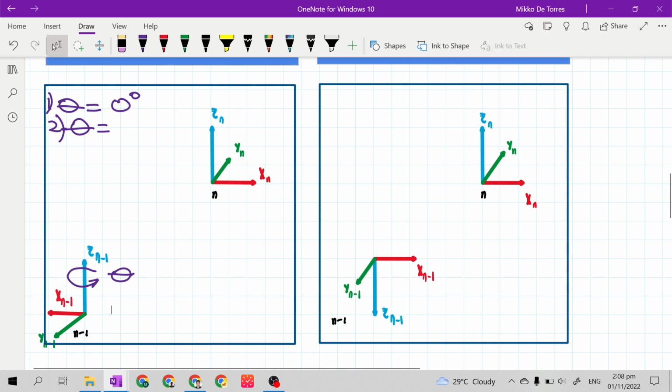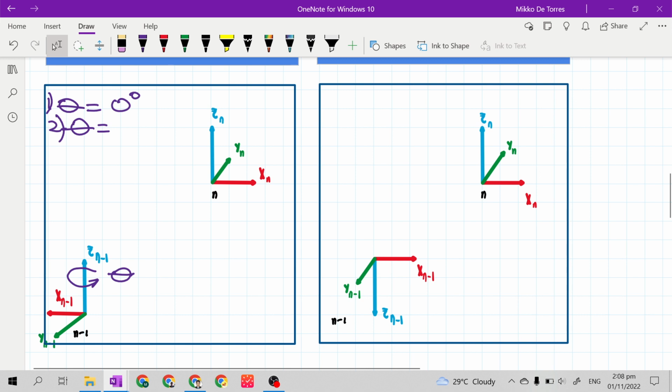Okay, so we need a value of theta that will make x sub n minus 1 have the same direction as x sub n.